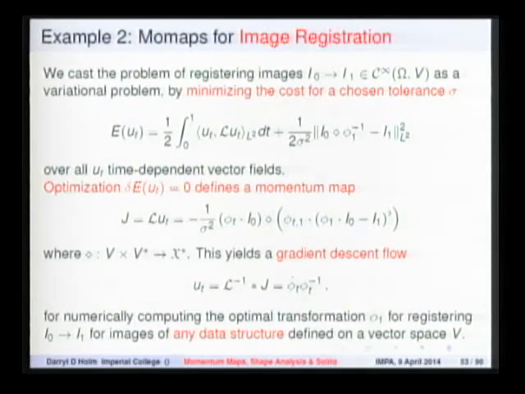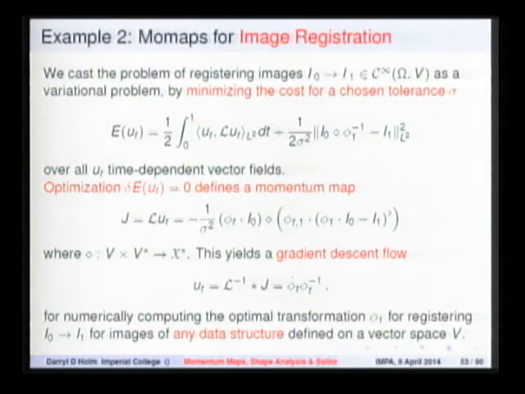The vector space is the data structure. In this case, the data structure is just scalar functions. So we want to minimize this cost function to within some tolerance sigma over the evolution along the geodesic for the cost function.